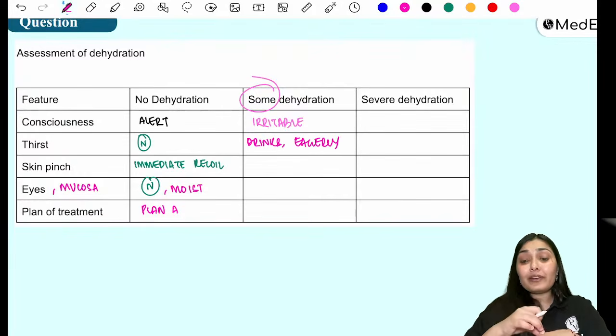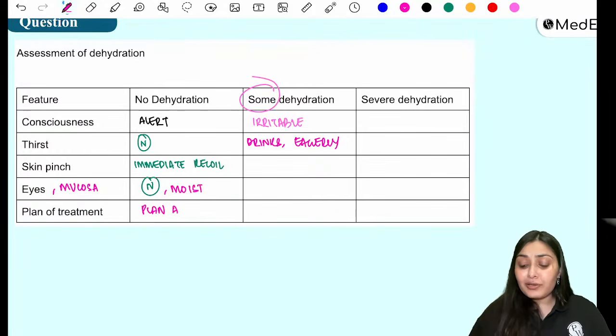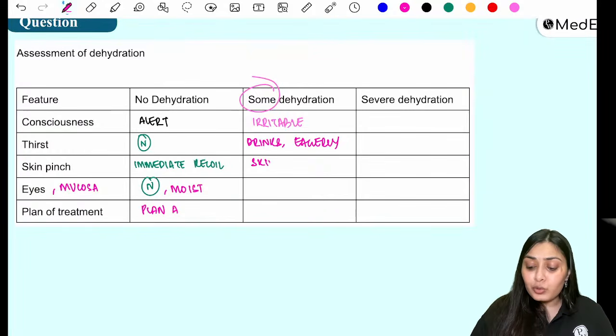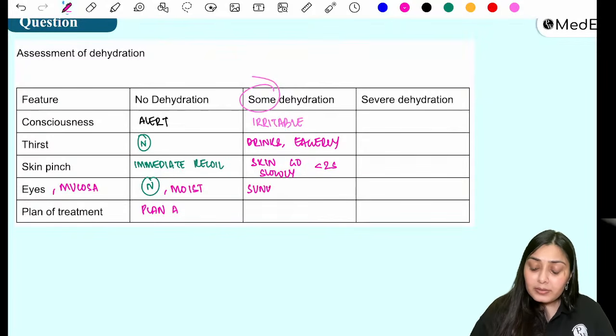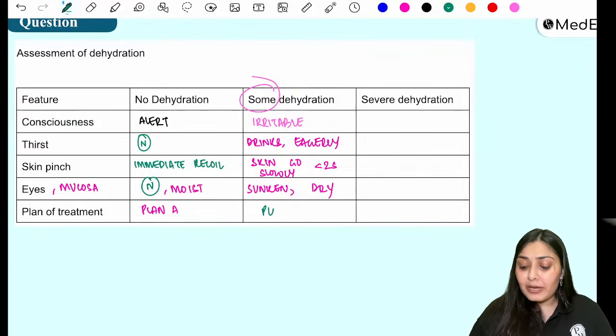If you look at the skin recoil, because this child has some dehydration, the skin will go back slowly, right? This recoil would be slow, but it will go within 2 seconds. Eyes look sunken, mucosa is dry. Here we label this child as some dehydration and give plan B.